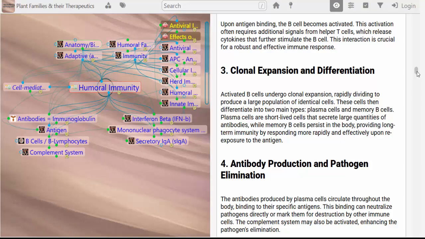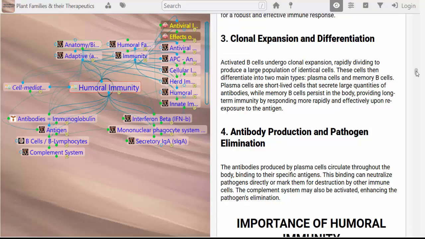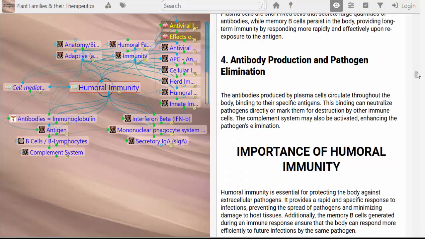Our plasma cells don't live very long, and they secrete tons of antibodies, but the memory B cells persist in our body, and they're going to provide us with long-term immunity by responding more rapidly and effectively on re-exposure to that same antigen.